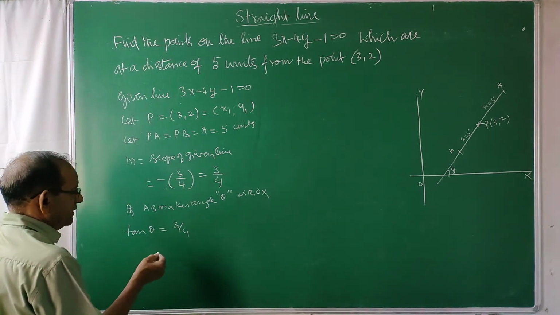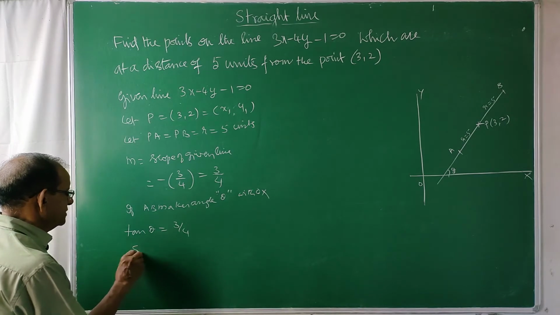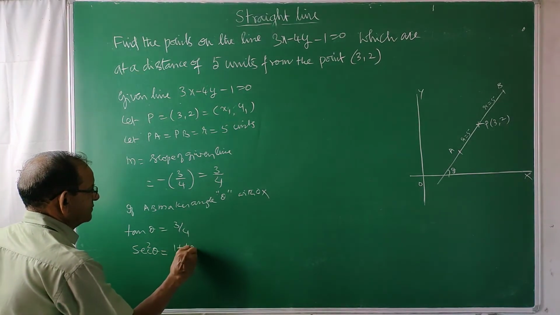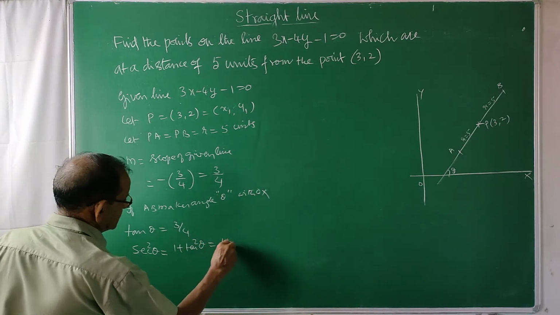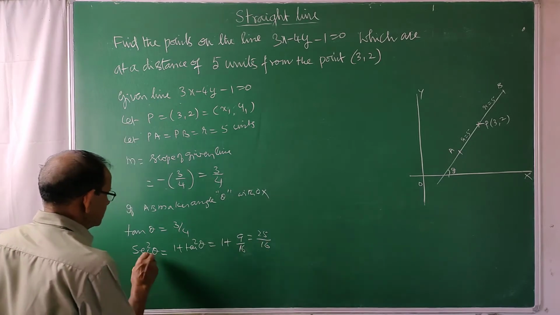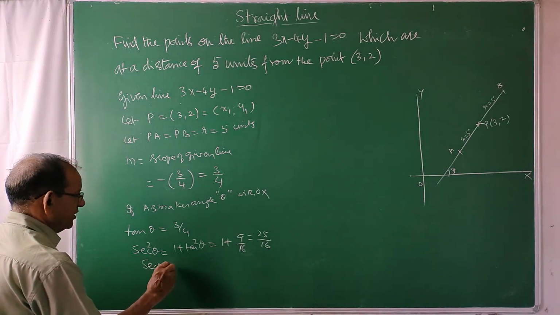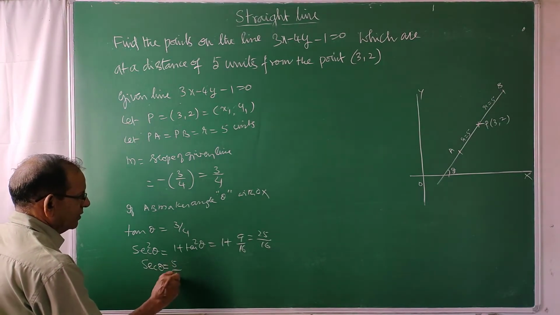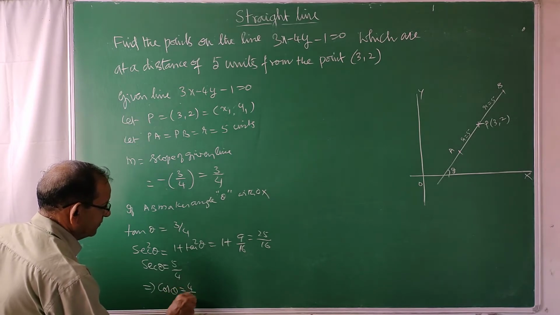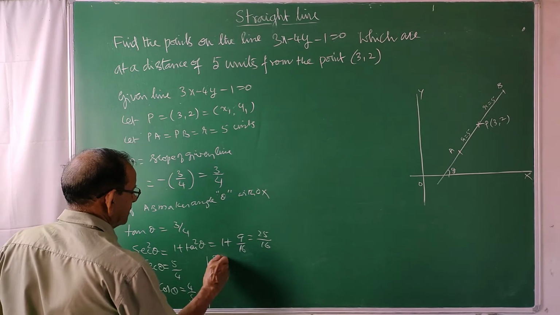That means what are the values of sin theta and cos theta first? So sec square theta I have to find out first. Sec square theta is 1 + tan square theta, that is 1 + 9 by 16 equal to 25 by 16. So sec theta is equal to 5 by 4. That implies cos theta is equal to 4 by 5. Now sin theta by cos theta is tan theta.